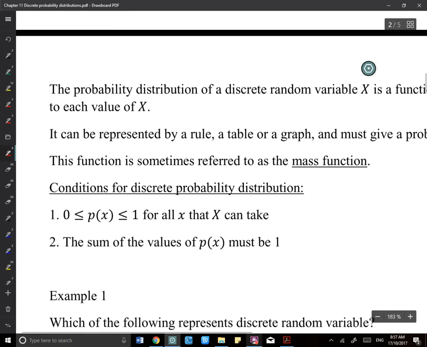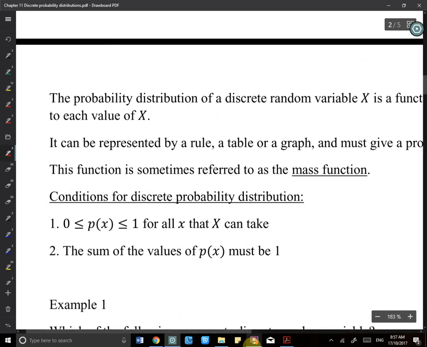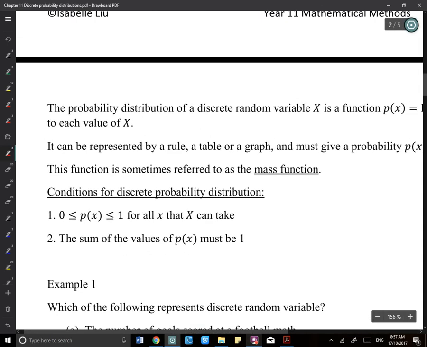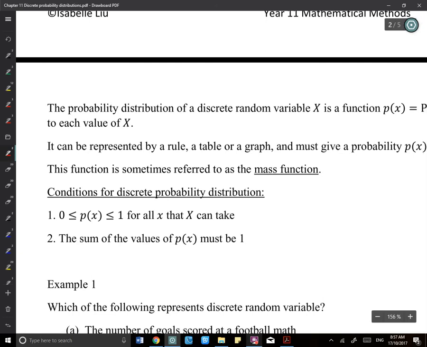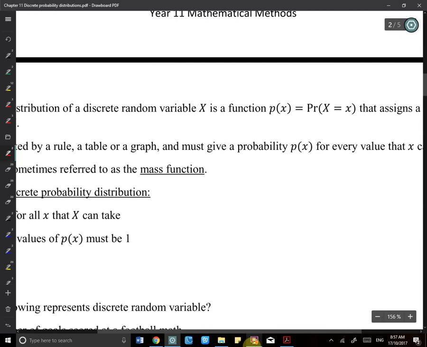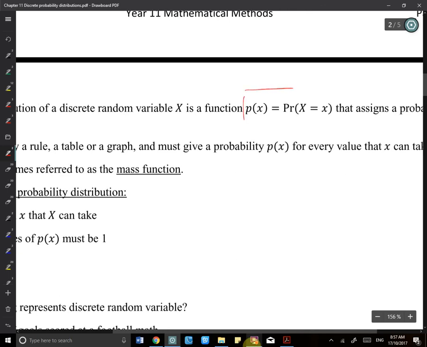So let's have a look. What are probability distributions? The probability distribution of a discrete random variable X is a function p(x) equals the probability X equals x. This is just a notation thing.